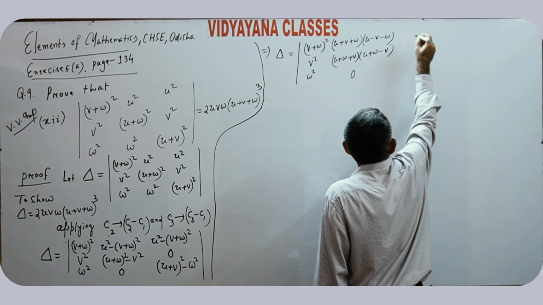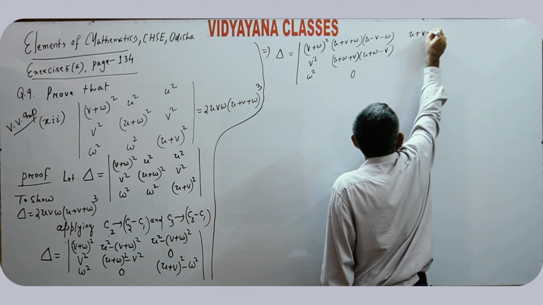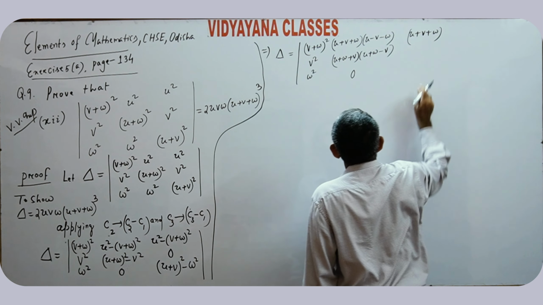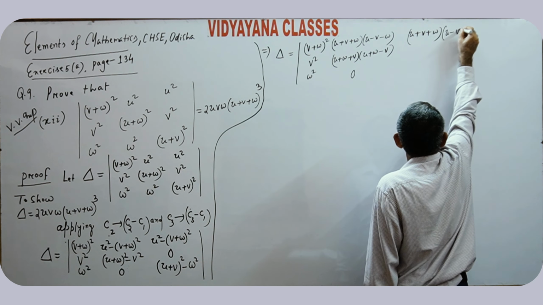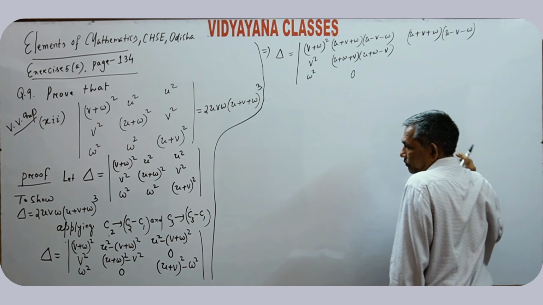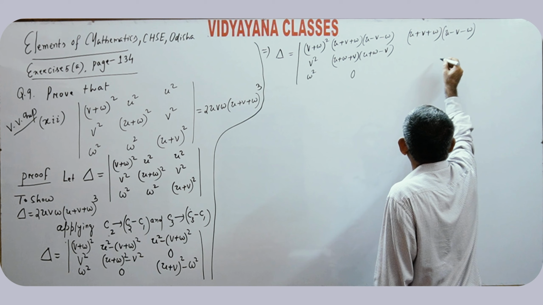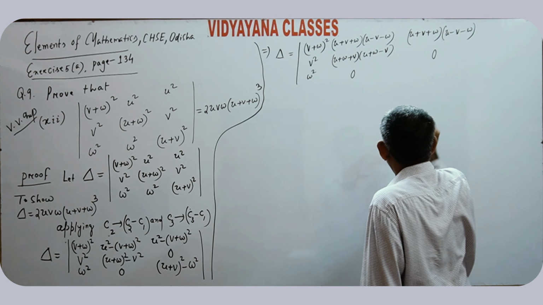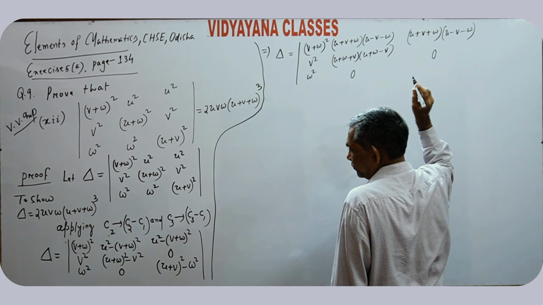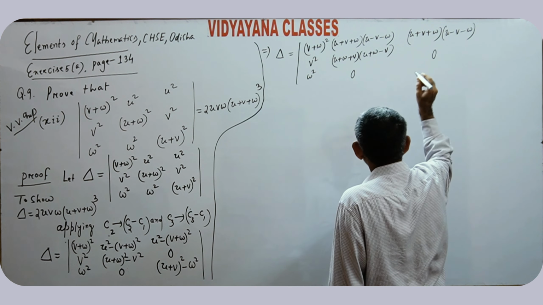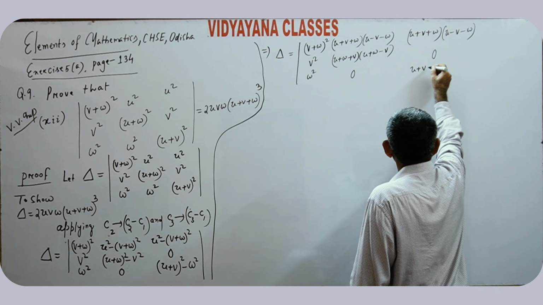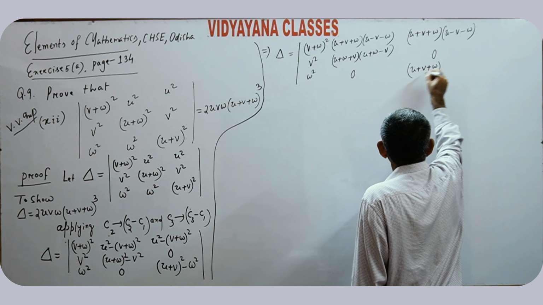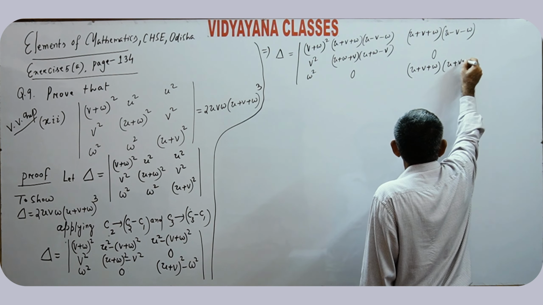Third column, u plus v plus w into u minus v minus w, it is 0. u plus v plus w into u plus v minus w. Clear?